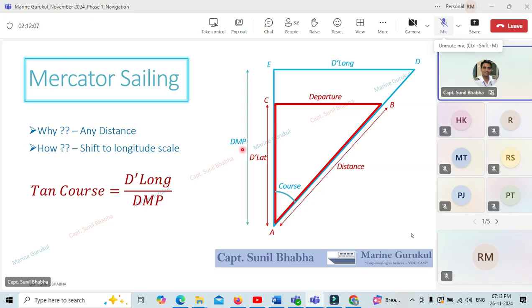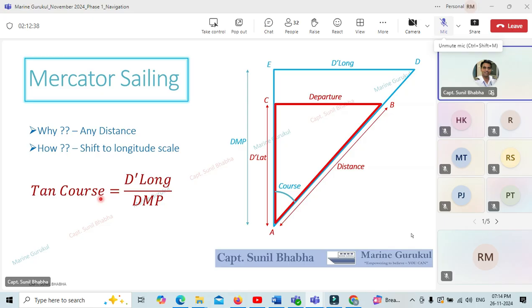As I told you, DMP is the number of times 1 minute of longitude can be placed between the initial latitude and the final latitude. And this is found out using the meridional parts table in the Norie's nautical tables. I will show you the meridional parts table in the coming slide. So once we obtain the DMP and the DLong, they can be used in the formula to obtain a more accurate course.